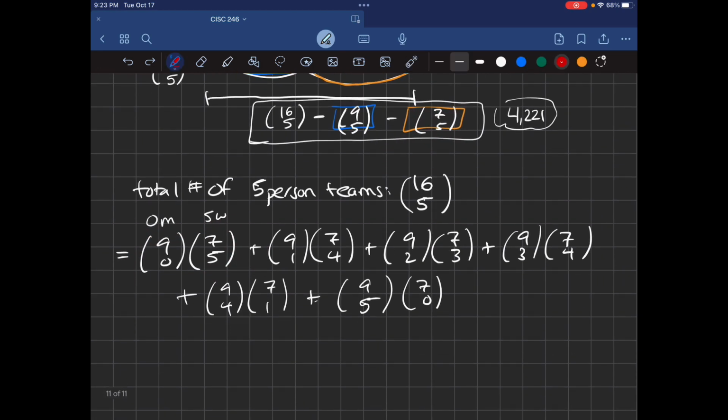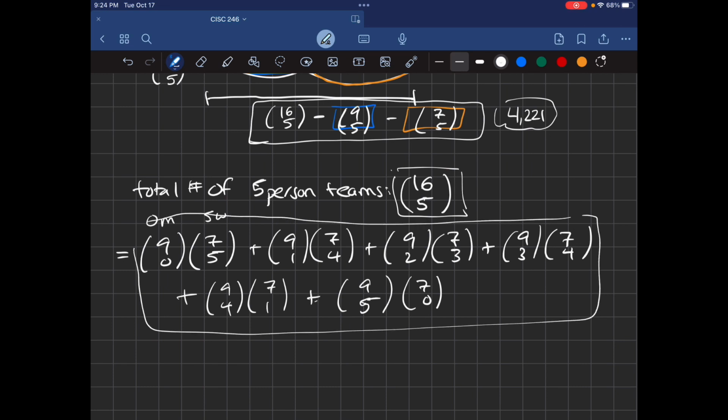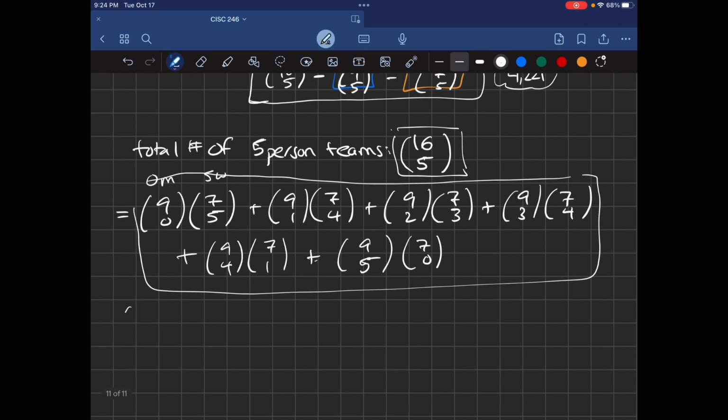And so what we just showed is that 16 choose 5 is equal to this sum. I'm going to write it in summation notation now. This is 16 choose 5 equals the sum, k equals 0 to 5, of 9 choose k times 7 choose 5 minus k.